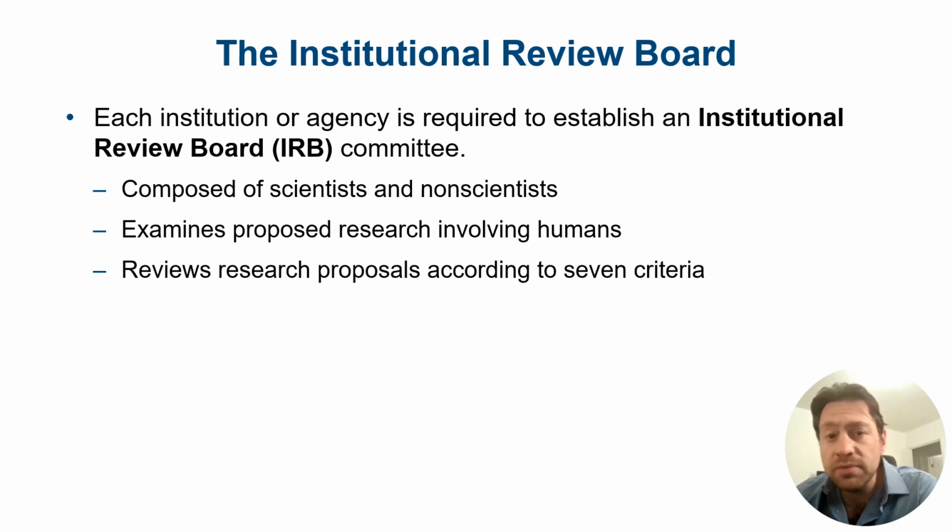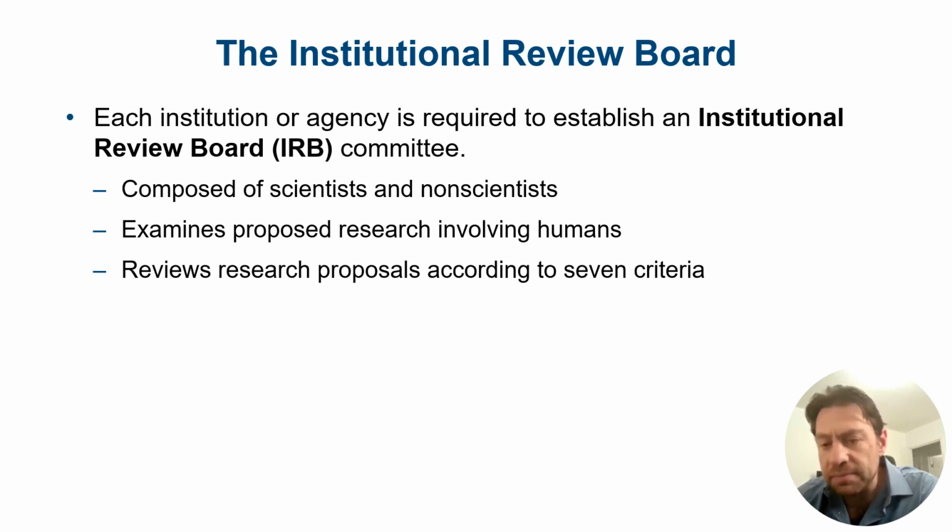And they basically have to review to make sure that the research is in compliance with federal regulations and the principles of the Belmont Report. So the IRB is a panel of people. It's composed of both scientists and non-scientists. And their job is to review research proposals, specifically in the context of ethical treatment of human subjects.